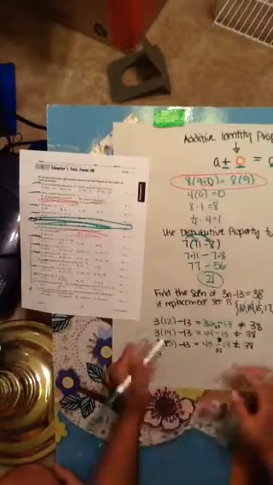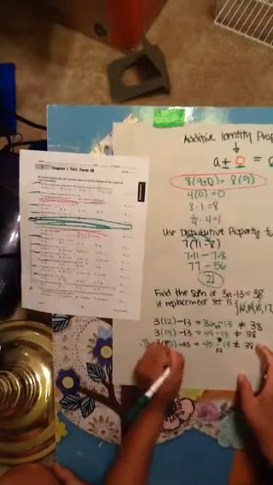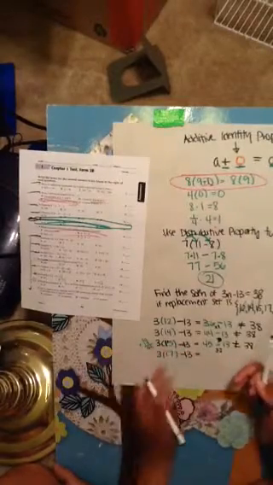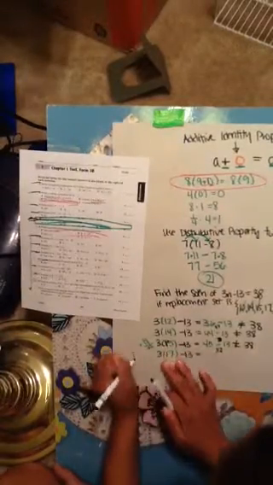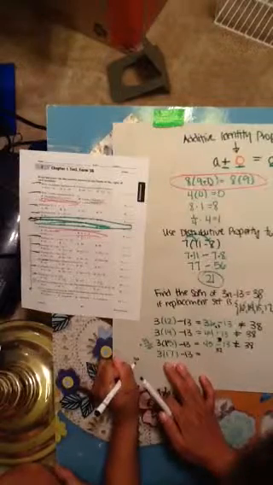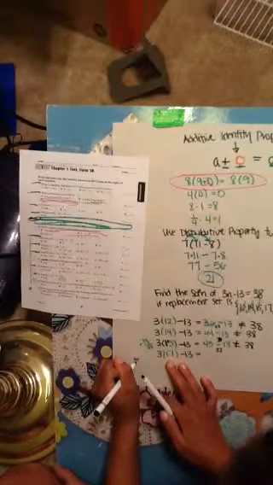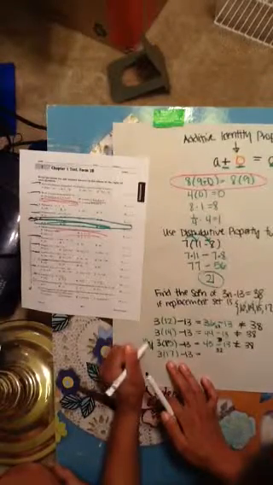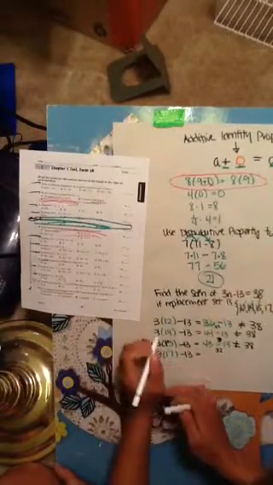3 times 17 minus 13 equals, well, 3 times 10 is going to be 30. Oh, I see what I did there.